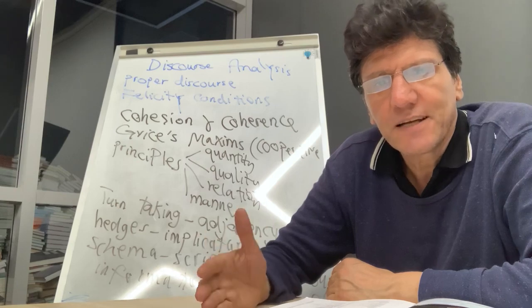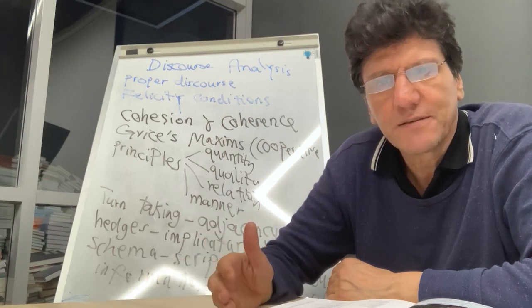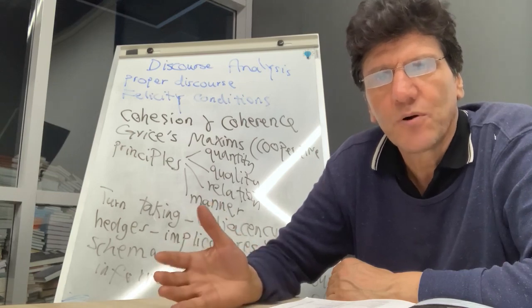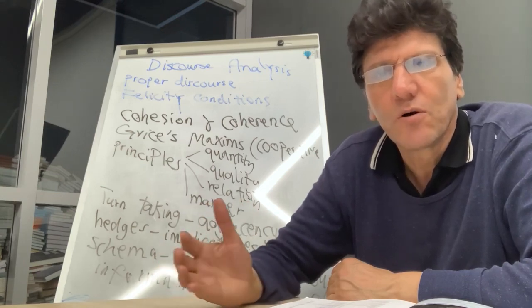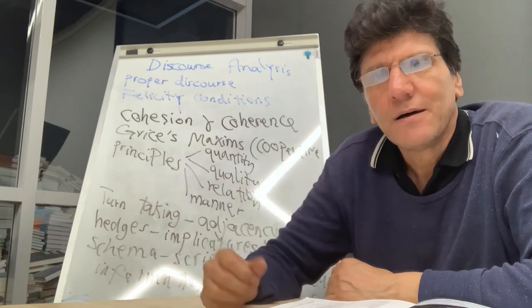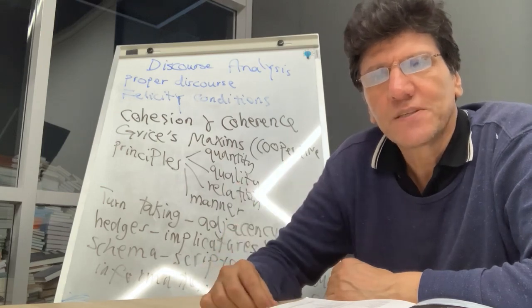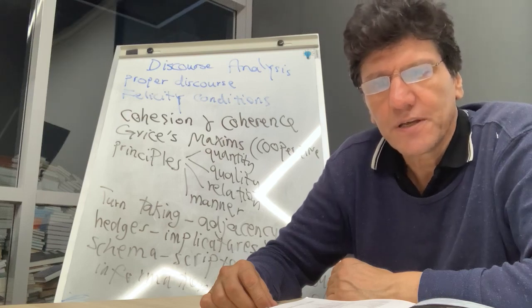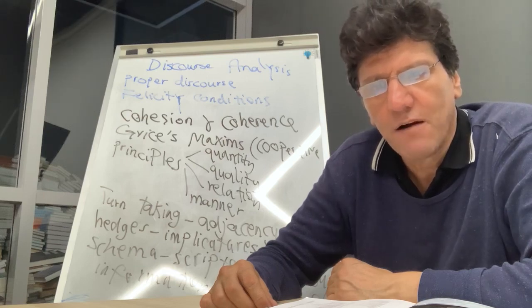Words like first, second, third, later, afterwards, words like hence, furthermore, in addition, moreover, these are linking words which create cohesion in a text. So cohesion is an indispensable part of the process of proper discourse.